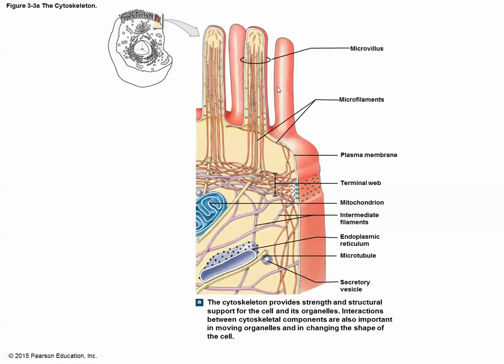That is the cell surface that is exposed to, say, a passageway or an area where there's extracellular fluid. And it has what we call a terminal web. And the microfilaments are attached to the terminal web, and the terminal web itself is made of actin and intermediate filaments. Here we have a microtubule that's helping to anchor the terminal web. And this shows you somewhat how some cells have this scaffolding that helps them keep their shape.